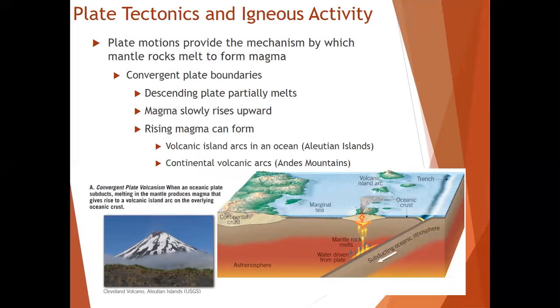And as water is driven up off of the plate, we're going to see melting occurring. From that melt, the magma is going to rise upwards. And then you can form volcanic island arcs like the Aleutian Islands. And over time, through the motion of plate tectonics, these volcanic arcs can become part of the continental crust, such as happened with the Andes Mountains.